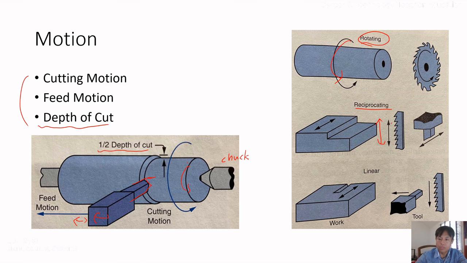An example is the jigsaw. And the third one is linear motion, moving just one way. An example is the bandsaw. Bandsaw also only moves in one linear way. So there are three types of cutting motion.